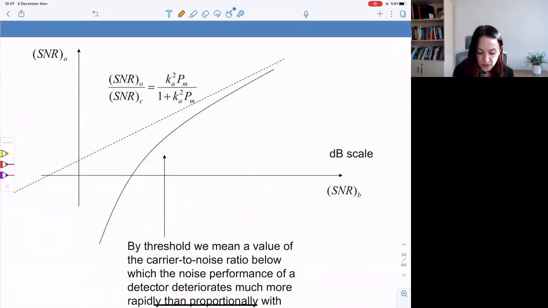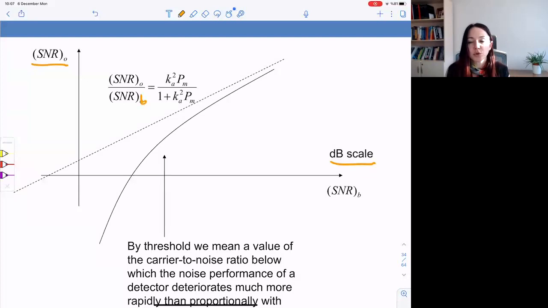So here is an example curve in dB scale of SNR_O over SNR_C, which is the figure of merit. SNR_C stands for SNR_B.